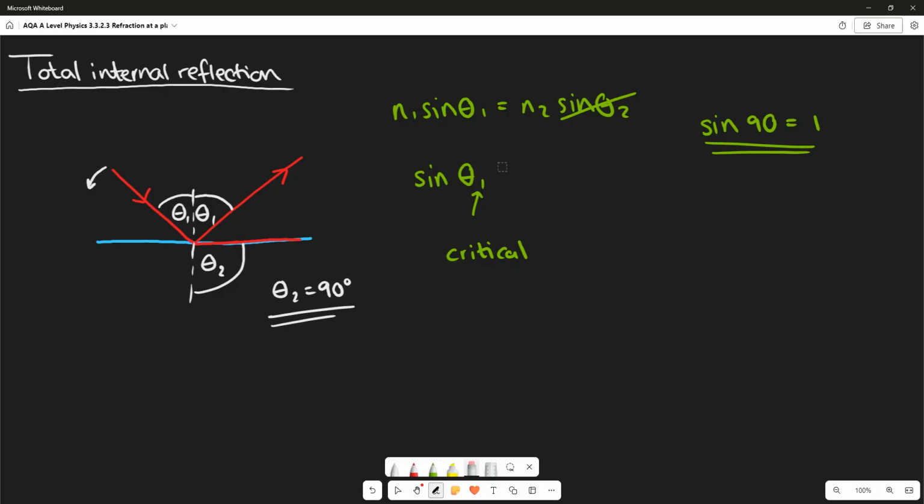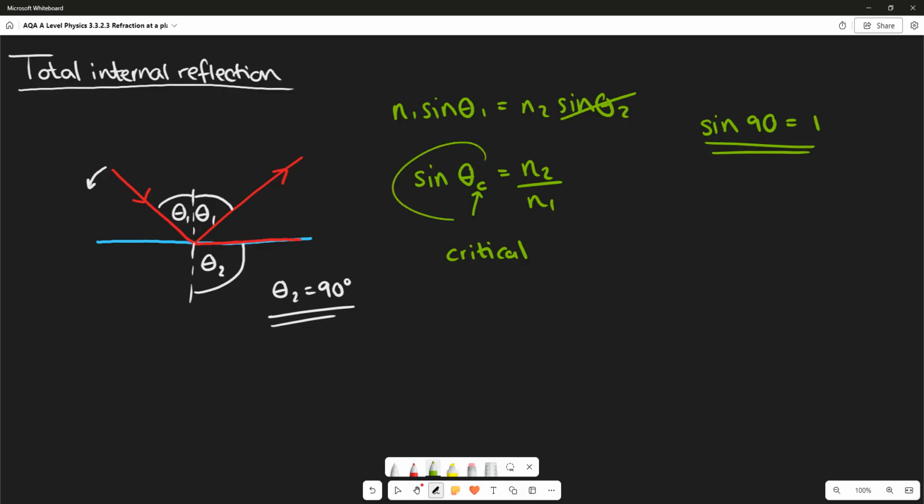So what we tend to do is, instead of theta subscript 1 for the incidence angle, we write it as theta subscript c for critical angle. And we rearrange the equation. We get that.